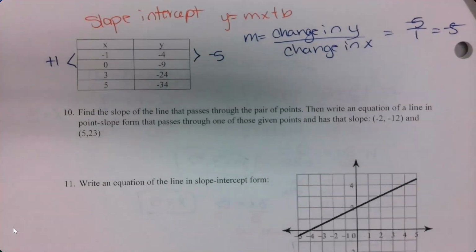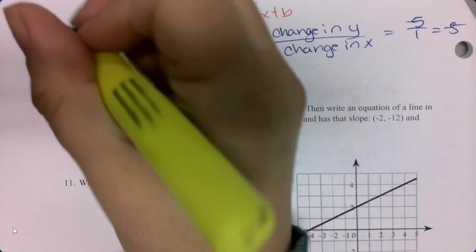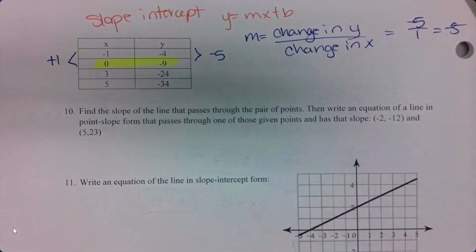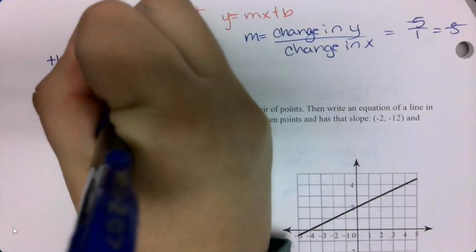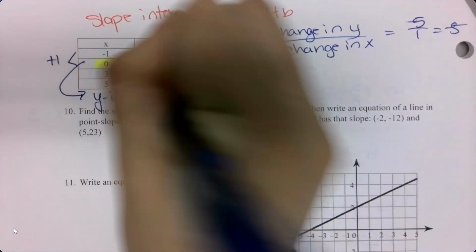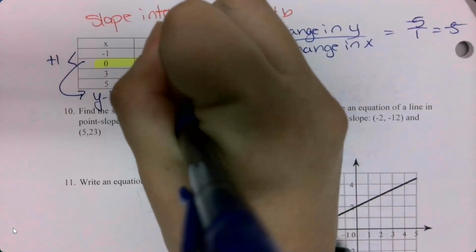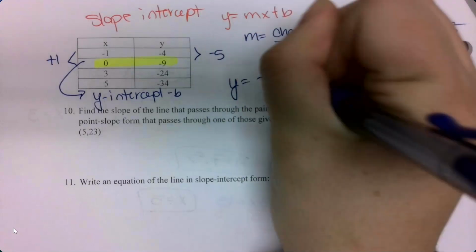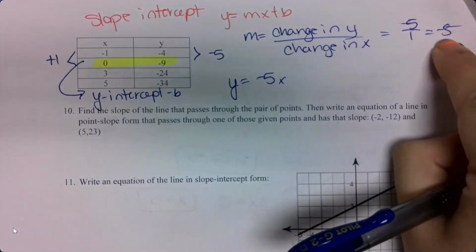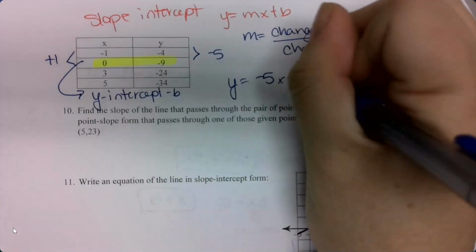Notice I have a value at 0. This (0, 9) is my y-intercept. So that is my b value. I'm going to have y equals negative 5x. So negative 5 came from my m. And then my y-intercept is 9.